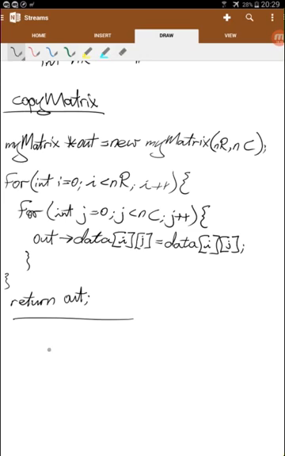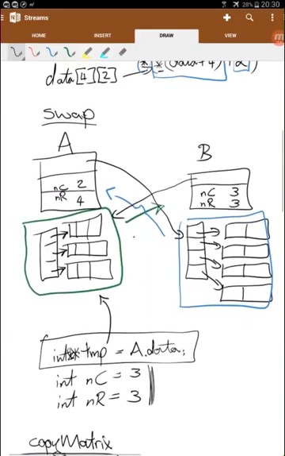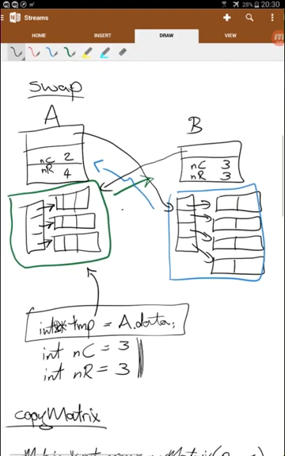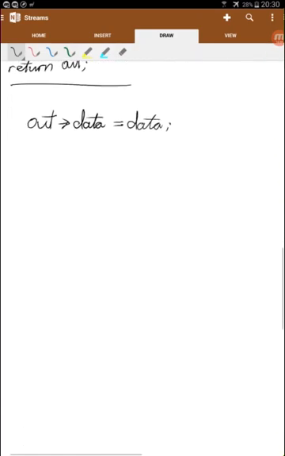We can't simply say that out.data is equal to our data. The reason for this is obvious if we go back to our swap function, where if we said a.data is equal to b.data, all it does is have both of them pointing to the same dynamically allocated memory.